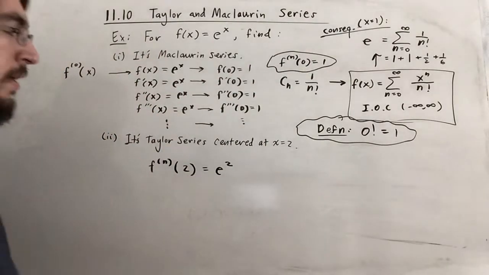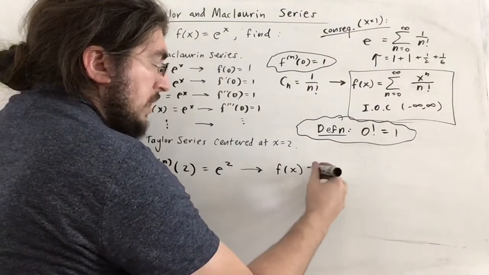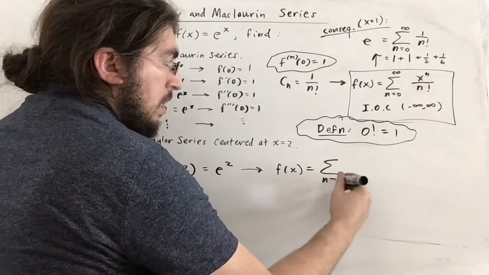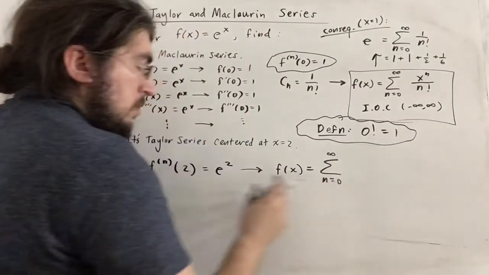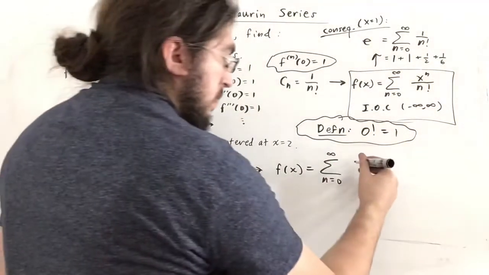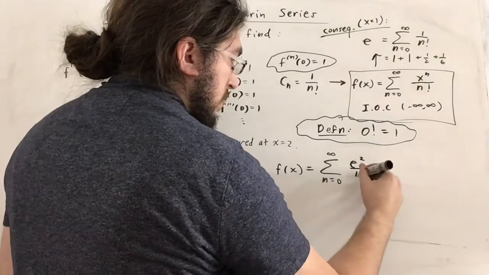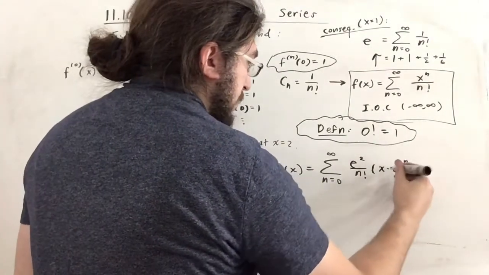Okay, good. So now we can say that the Taylor series expansion of f of x centered at 2 is e squared over n factorial times x minus 2 to the n.